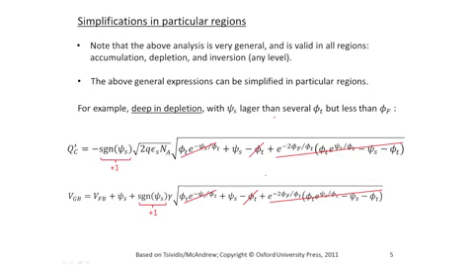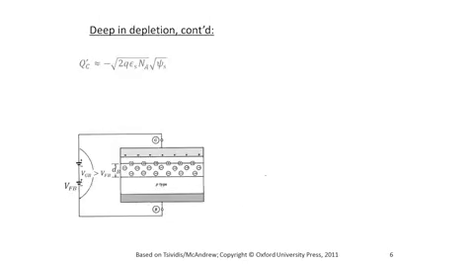Let me summarize the results. These equations, after you eliminate these extremely small terms, become like this. This is the charge, and this is the gate body voltage. Notice now we have very simple expressions. The charge in the semiconductor in depletion, which is due to ionized acceptor atoms, is proportional to the square root of the surface potential. And VGB is related to psi(s) in this way.